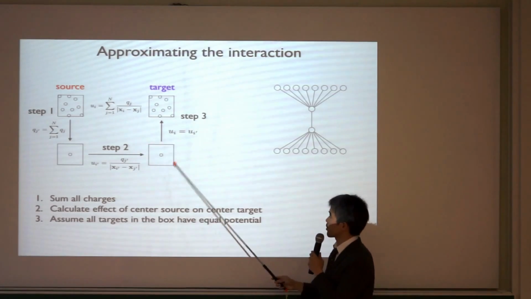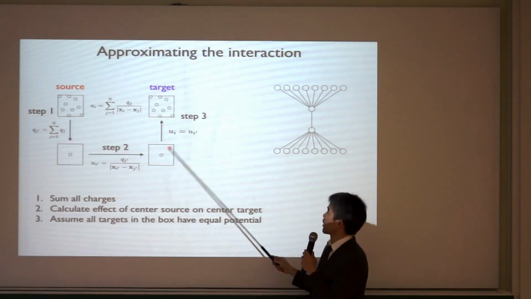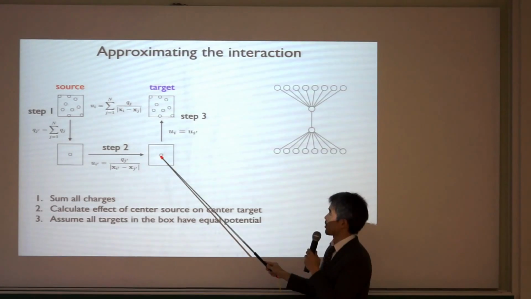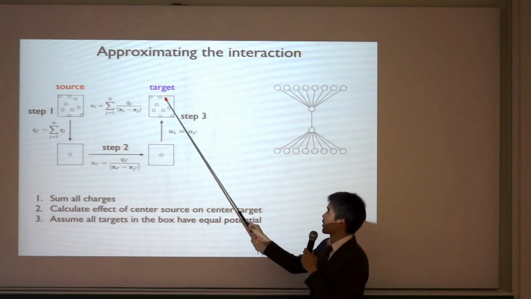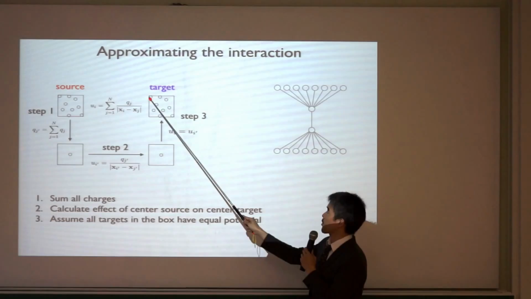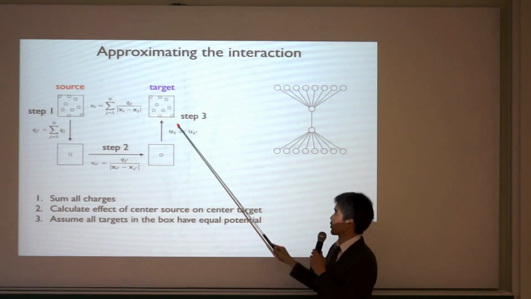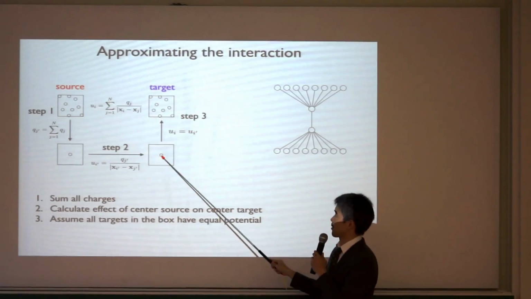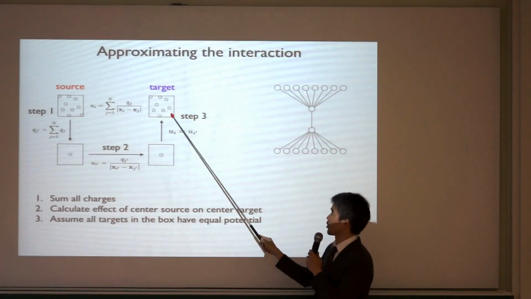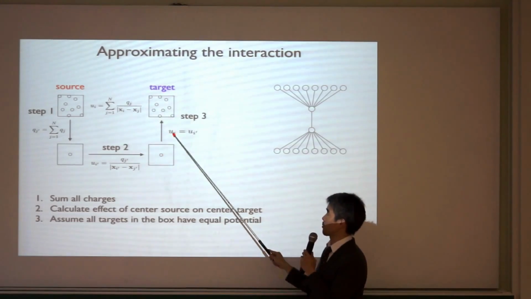So what you're saying here is ui prime that's induced here is equal to everything here. What I'm saying is everyone is feeling roughly the same effect. So I'm just going to substitute ui prime, the potential here, to all the values here. They're all the same potential.